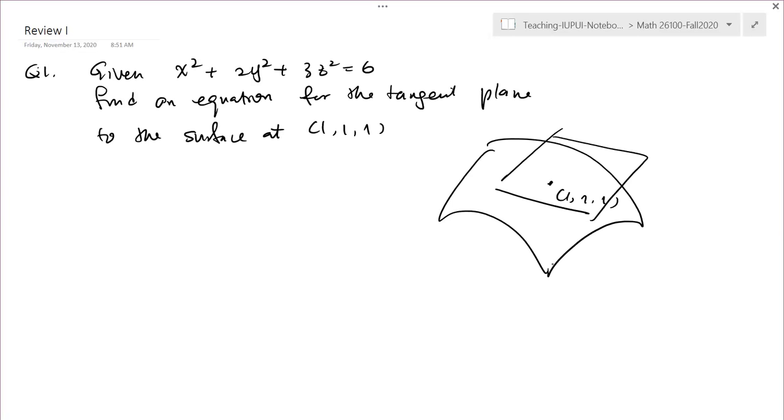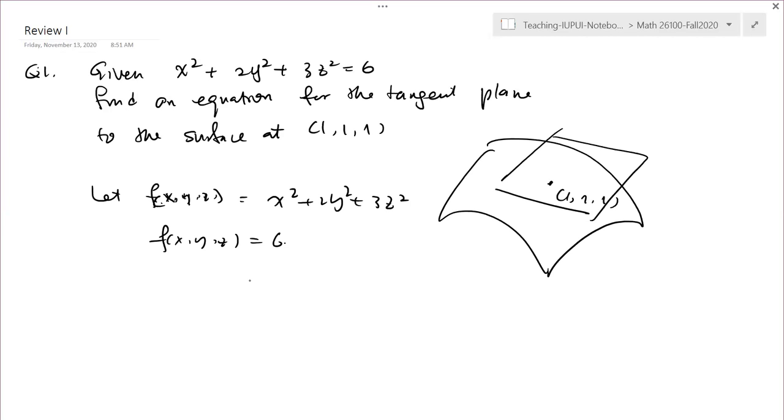Right, so what should we know about that? Well, if you let the function be x squared plus 2y squared plus 3z squared, then the equation is actually f(x, y, z) equals 6, right? And this is a level surface.